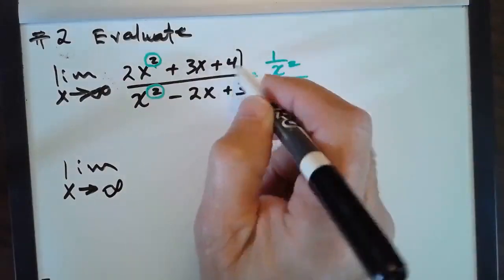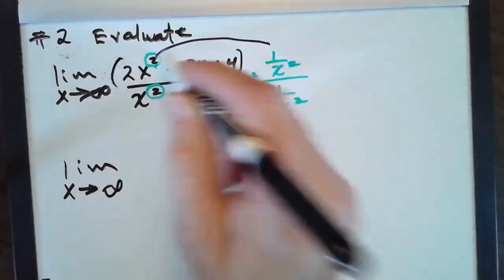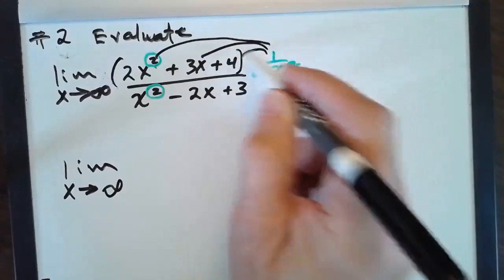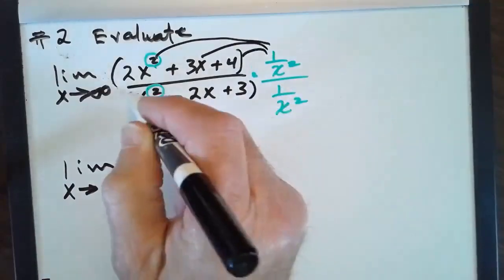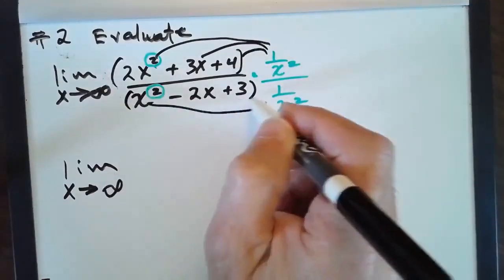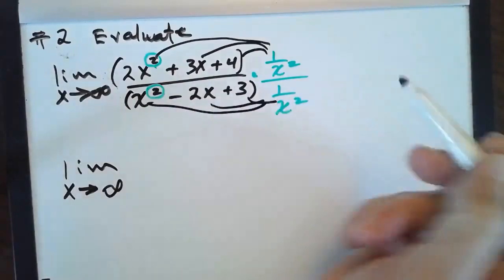Now we're going to multiply this 1 over x squared in each term in the numerator and each term in the denominator.